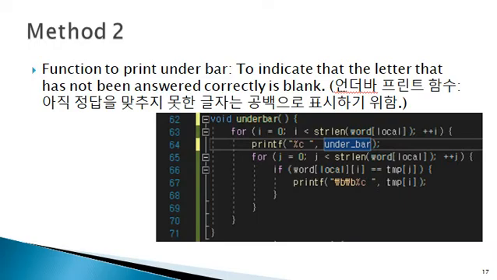Next page. We can see picture 4. This is a function to print underbars, to indicate that a letter that has not been answered correctly means blank.